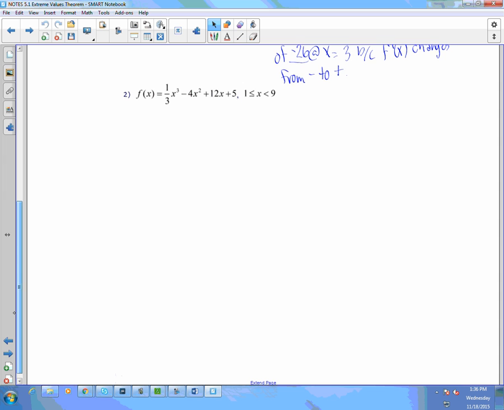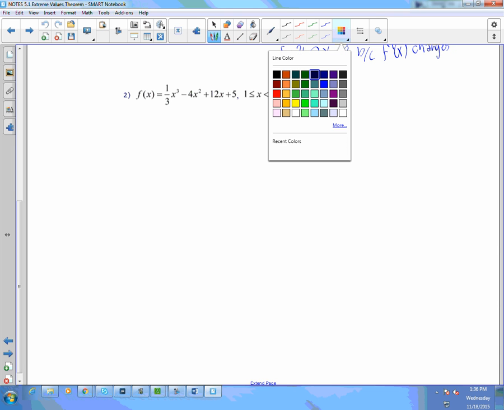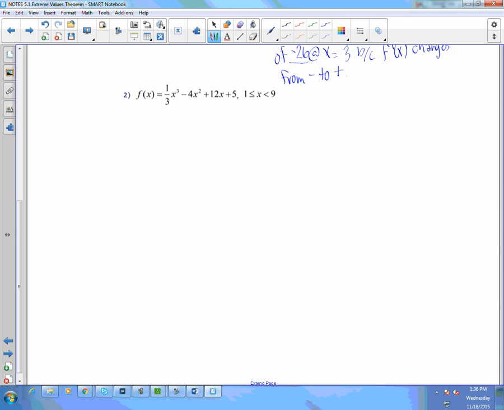Okay, for example 2. Find the extreme values of the given functions. Does everyone have this? I think everyone was here last time. Yes? Okay, we're going to go through the 5-step process. So, the first step, domain, D of f.